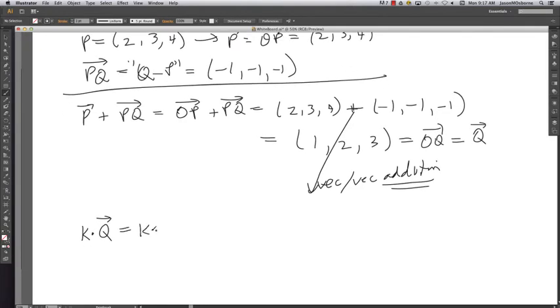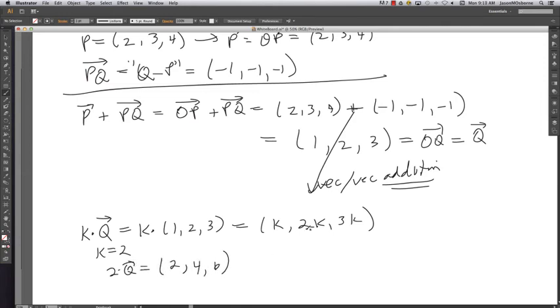So you take any constant times the vector 1, 2, 3. That should follow just what you would want to do algebraically: k, 2k, and 3k. Okay. So for example, if k is equal to 2, 2 times q should be 2, 4, 6.